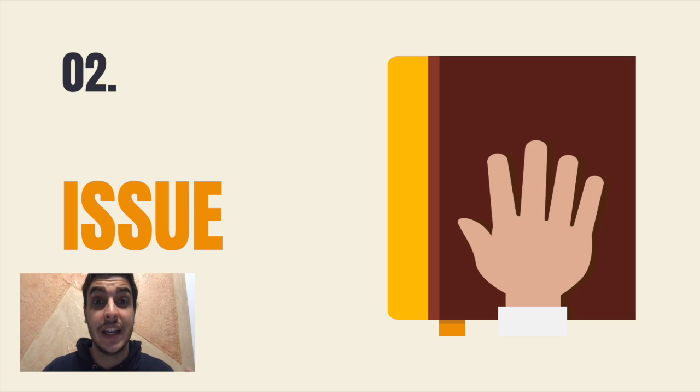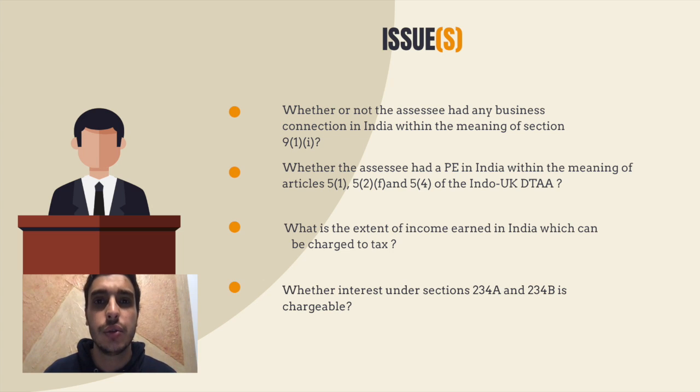As regards the issue of the case, we have determined several questions important to understand the case. The first issue questions whether the assessing officer was justified in issuing notice under Section 148 so as to frame an assessment under Section 147. Then, as regards the substance of the case, the most important questions are whether or not Rolls-Royce had any business connection in India within the meaning of Section 9.1.